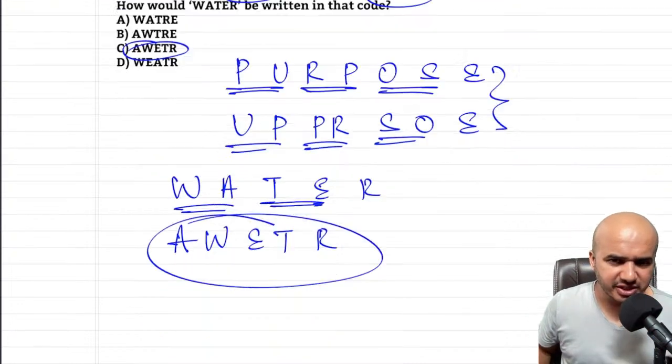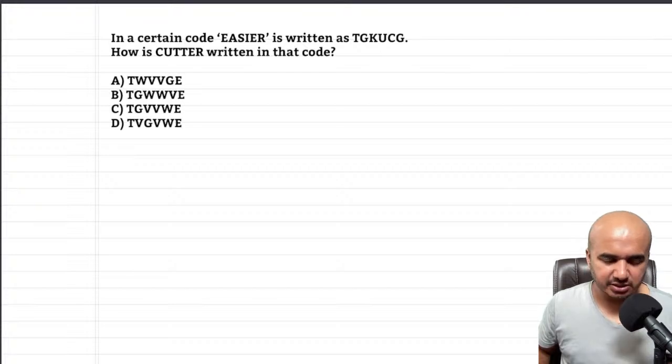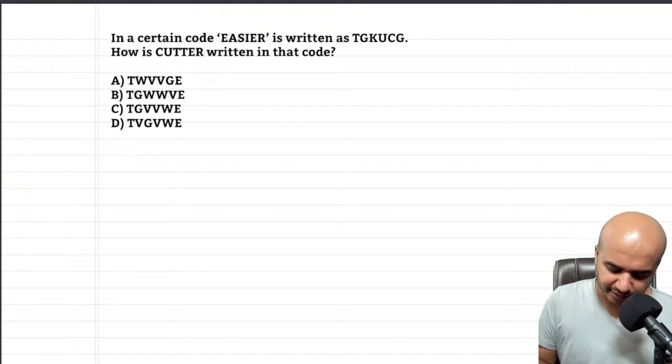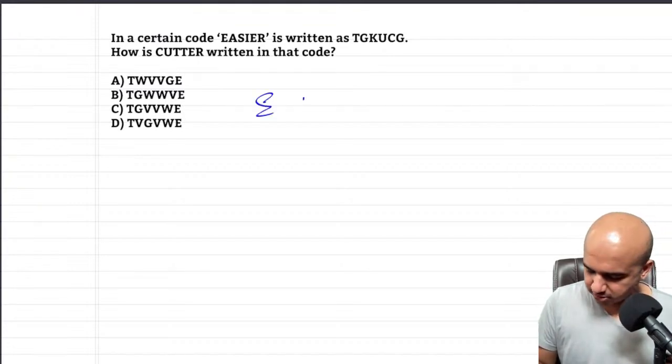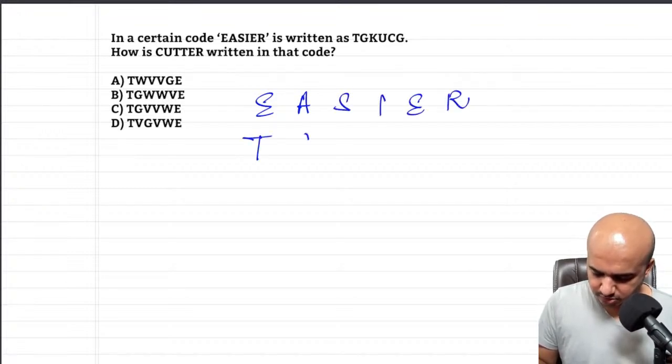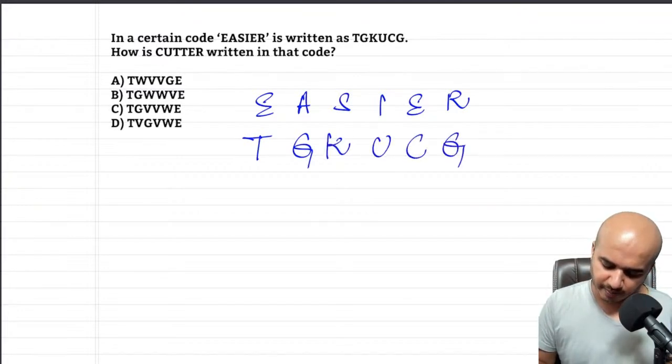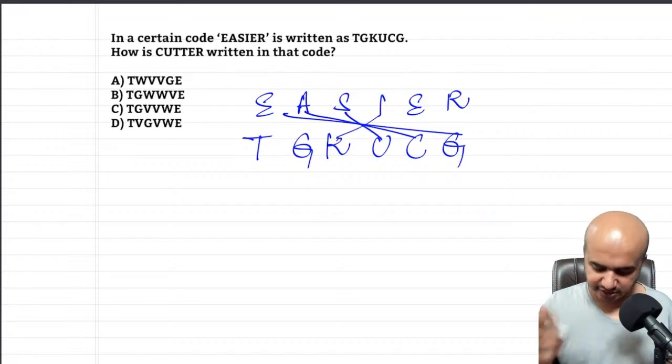In a certain code, easier is written as TJKUCG. Okay, let's see how exactly they may have coded that. So let's reverse this first of all.